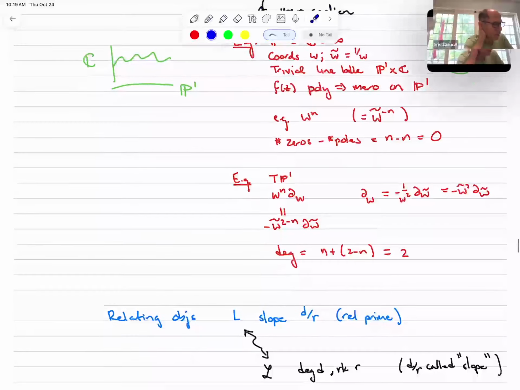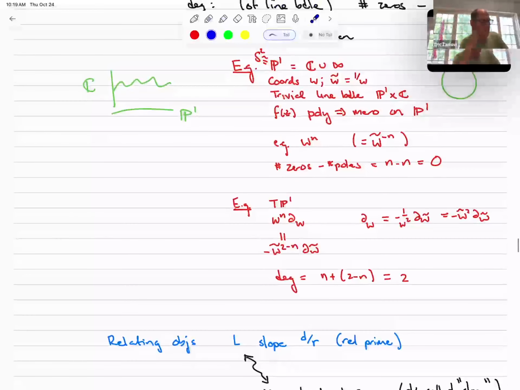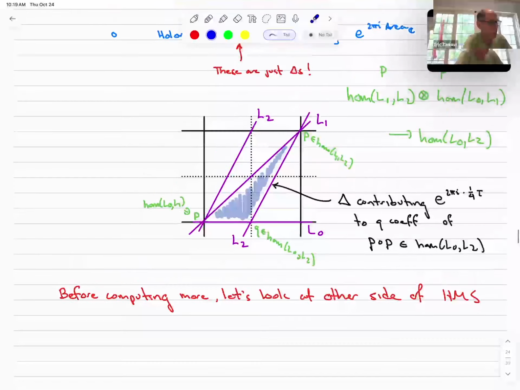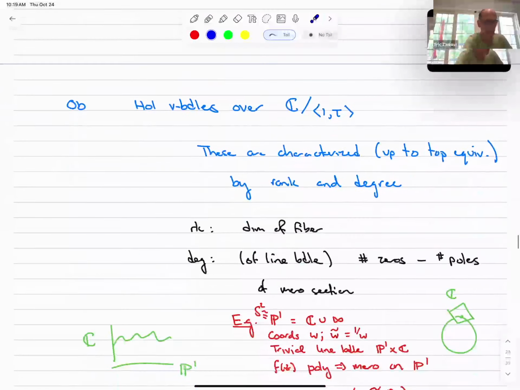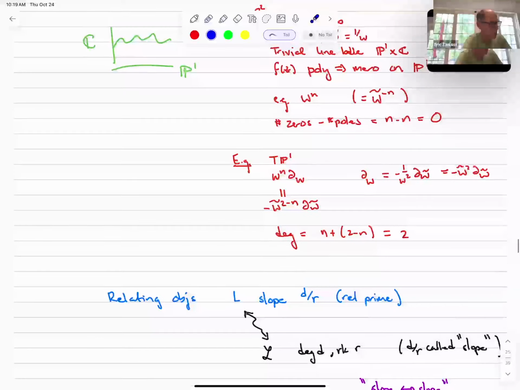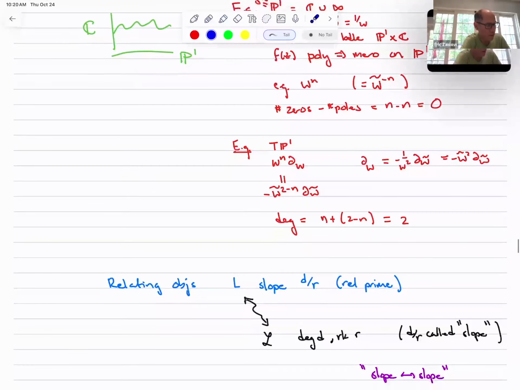Okay, so now we need to relate objects. On the one side, we had these lines of rational slope, and on the other side, we had rank and degree. So as a recap, we have a line of rational slope. Let's call the slope d over r, just to be suggestive. And the vector bundle will have some rank r and degree d.